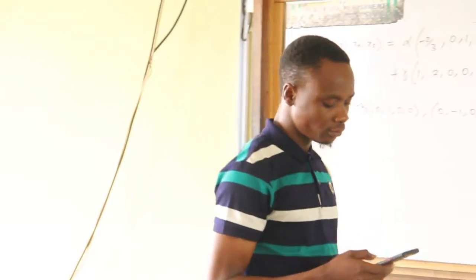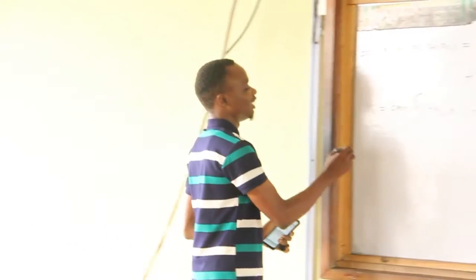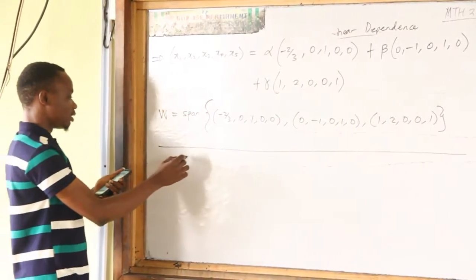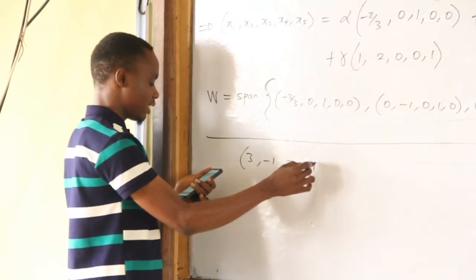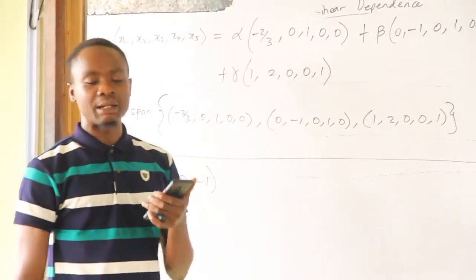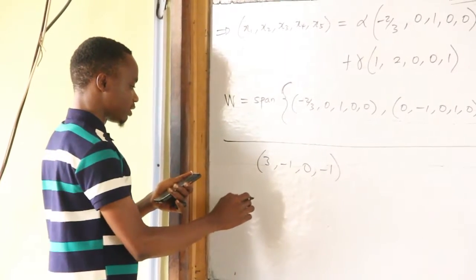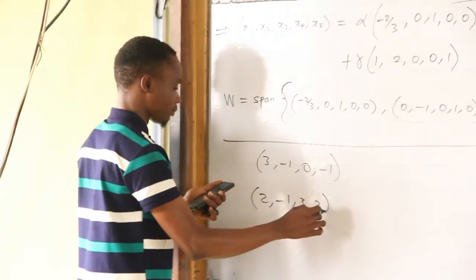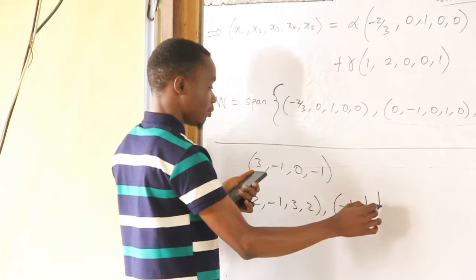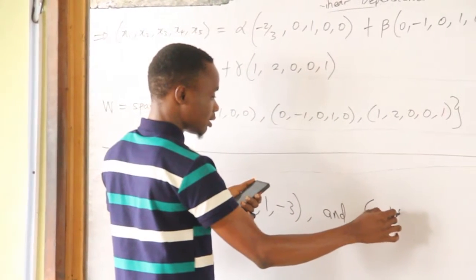Assignment. Is the vector 3, minus 1, 0, minus 1 in the subspace of R4 spanned by the vectors 2, minus 1, 3, minus 1; 1, 1, minus 3; and 1, 1, 9, minus 5?